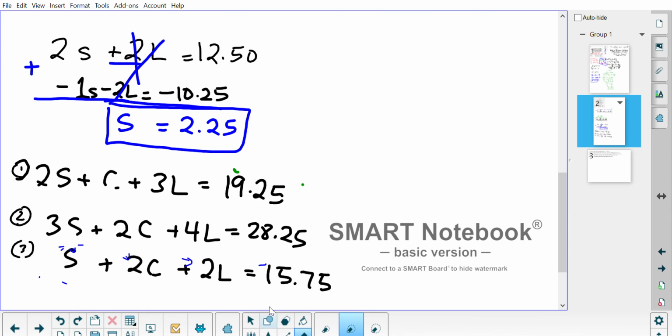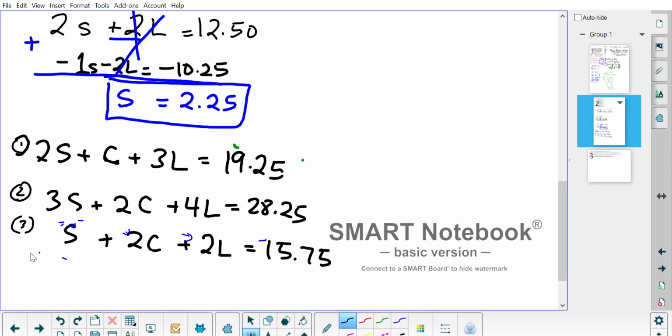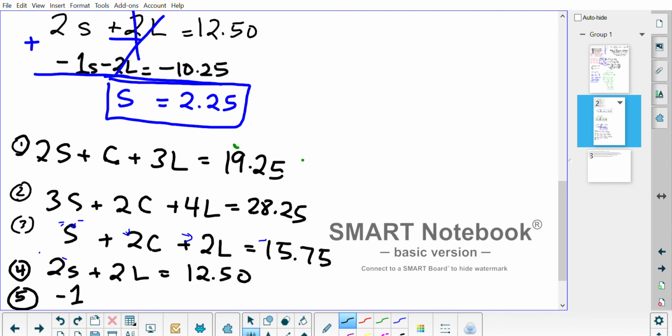And let me just fix that C. And then we're going to include those two other equations we had. So we had 4, that was 2s plus 2l is equal to 1250. And then we have 5, that negative 1s minus 2l is equal to negative 1025. Okay, great.